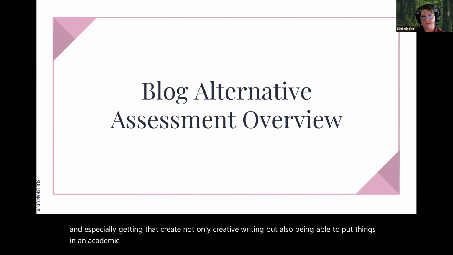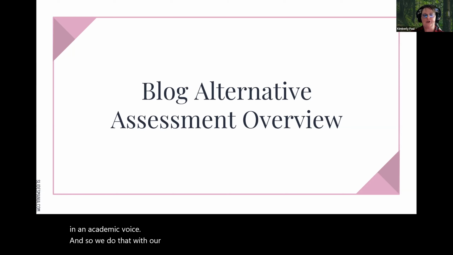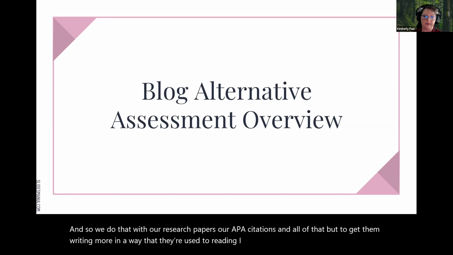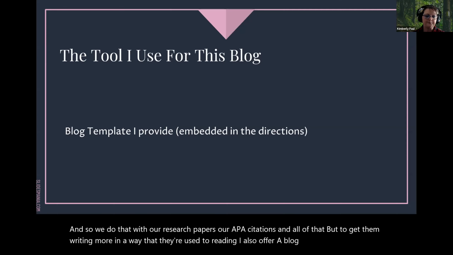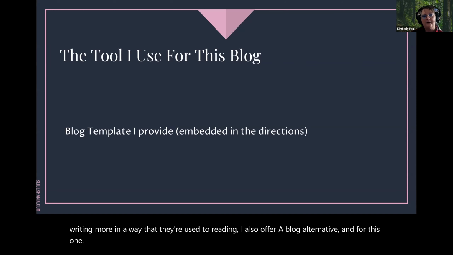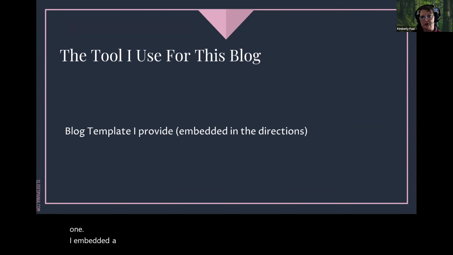And so we do that with our research papers, our APA citations, and all of that. But to get them writing more in a way that they're used to reading, I also offer a blog alternative. And for this one, I embedded a blog template within my direction sheet that you can get at the end of this.